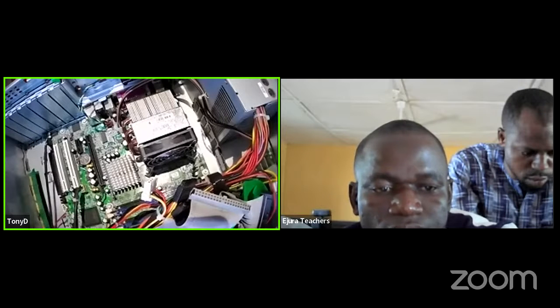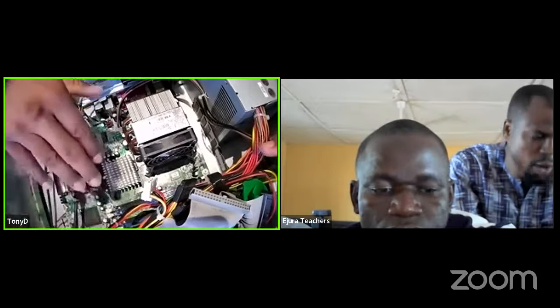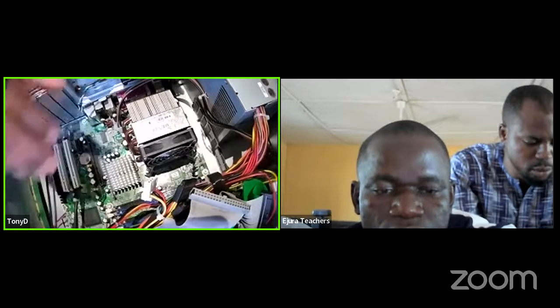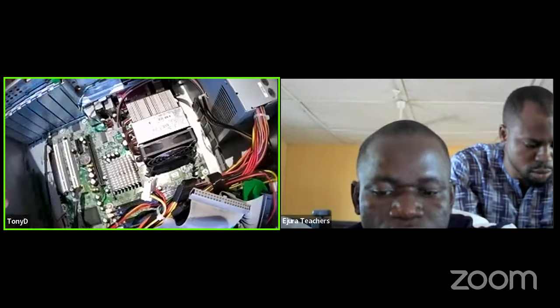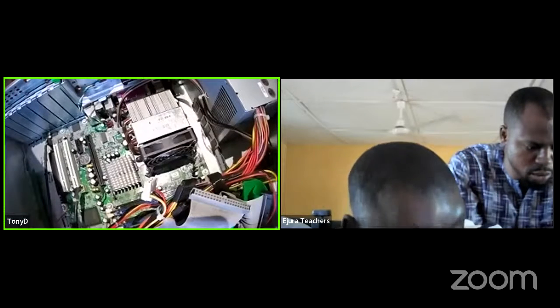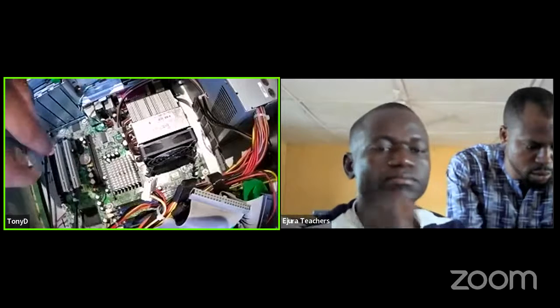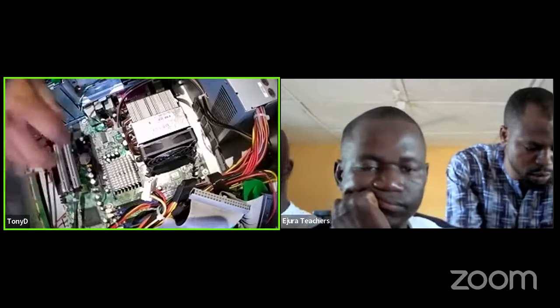The person is saying that your personal computer, the tower, consists of all these things. When I say the CPU, it is the central processing unit, and it is in the computer.